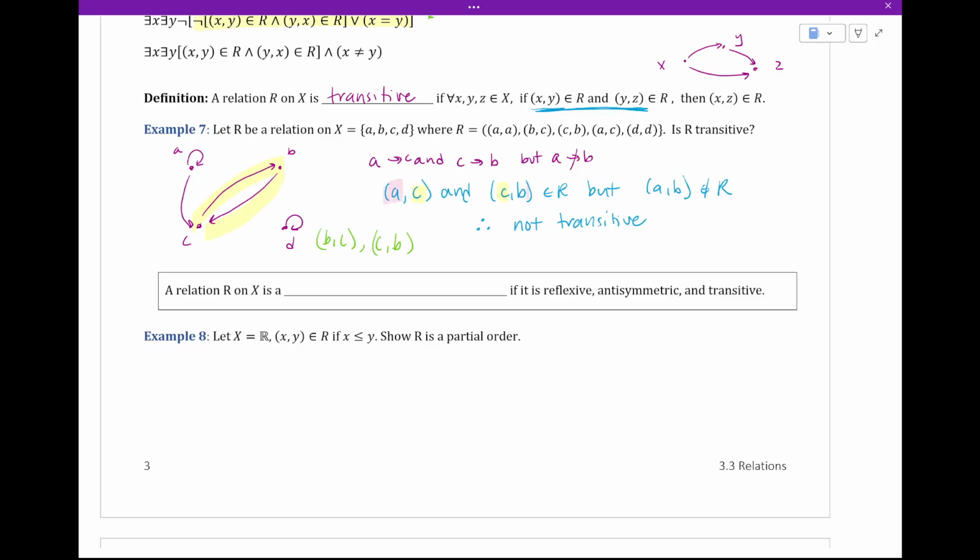So these outside two, that pair must be in R. So this (b,b) must be in R, but (b,b) is not in R. So this works with loops as well. If I have this symmetric relationship between b and c, then I'd need the loop. I actually need the other loop as well. I could write these the other way. (c,b) and (b,c) are in R, but (c,c) is not in R. So I would need this one and also this one and also this one.